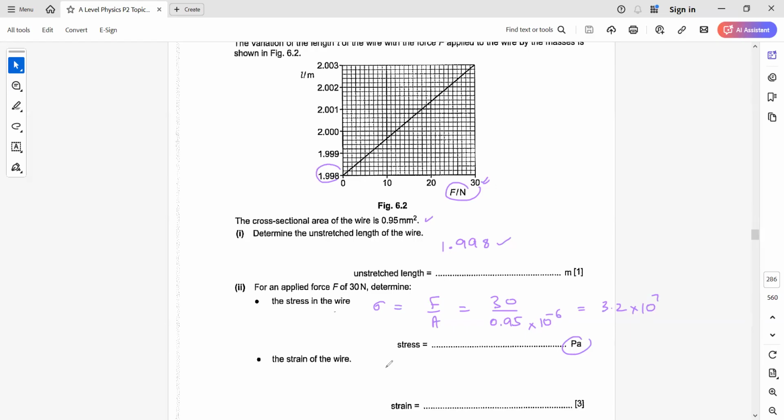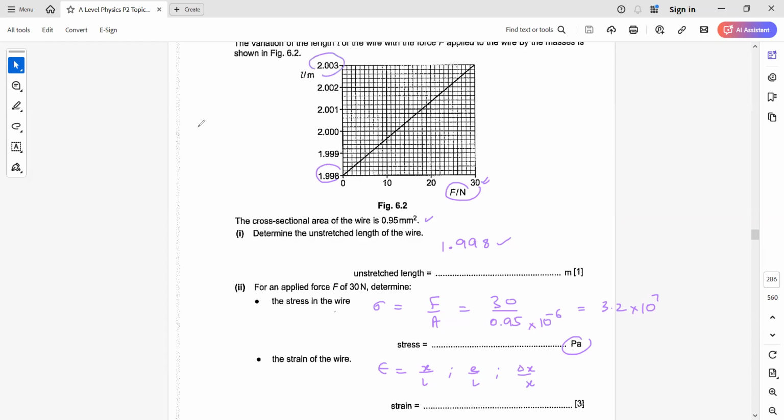Now the strain of the wire. Strain is basically change in length over original length, so that would be delta x over x, whatever you like to have. So change in length: from here to here, the wire is stretched.